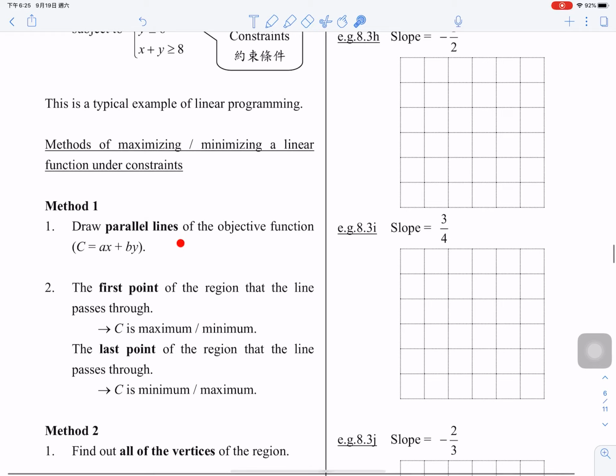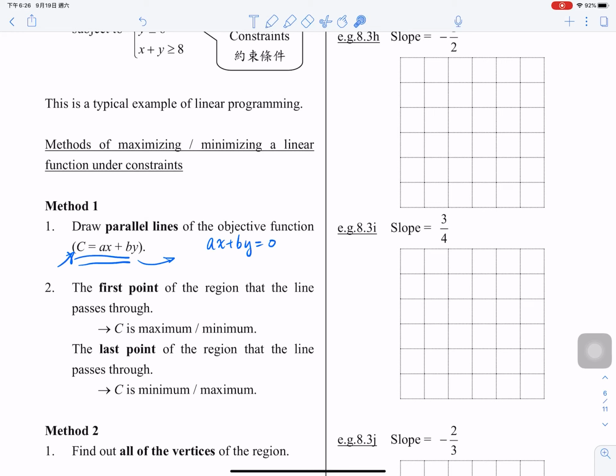After you have a line, maybe we draw ax plus by equals 0 first, then we use this line and draw some parallel lines about this. C may be different values.